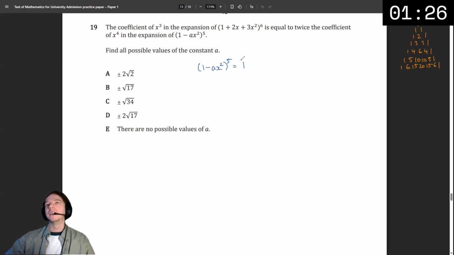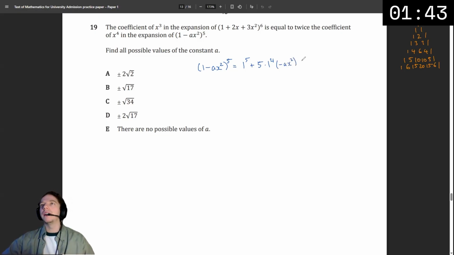And then the second term would be plus 5 times 1 to the 4, so 1 to the 5, times 1 to the 4, times minus ax squared, yeah? And then we have plus 10 times 1 cubed times minus ax squared to the second power, and so on and so forth.